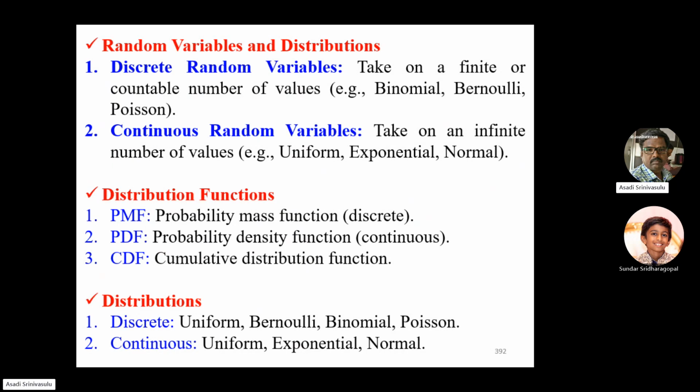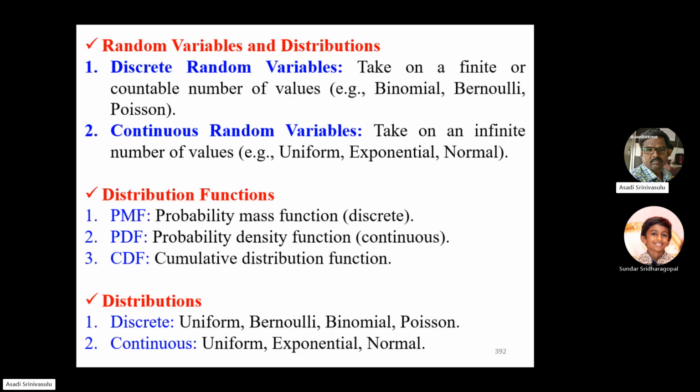Then random variables and distributions. We have discrete random variables and continuous random variables. Discrete random variables are not continuous; they take on a finite or countable number of values, like binomial, Bernoulli, Poisson distribution. Whereas continuous random variables take on an infinite number of values, for example uniform, exponential, normal.